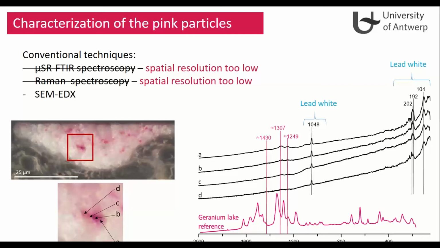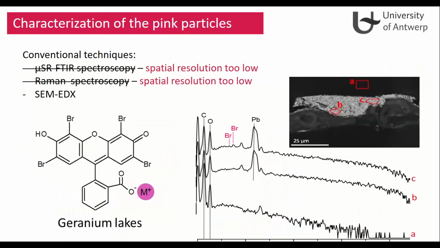And finally, we went for SEM-EDX. In the SEM-EDX results, we could see that there was presence of bromine, specifically in the areas that were painted with these pink particles. This bromine was not present in the iris ground layer, which is white, without particles, and it is also not present in the background.